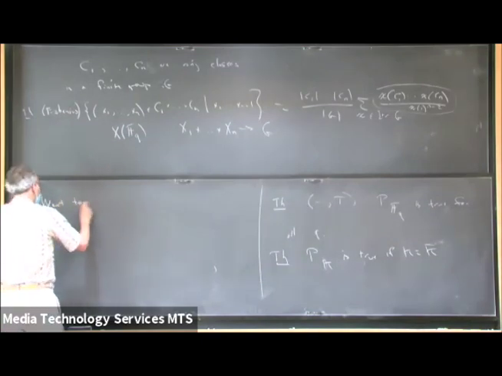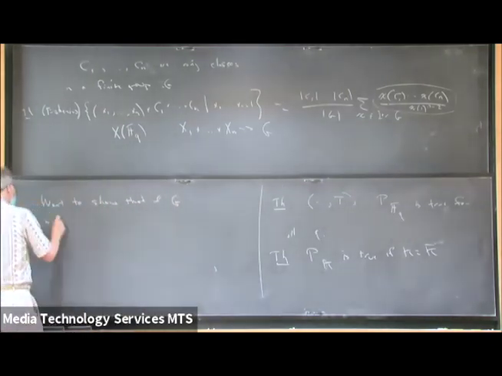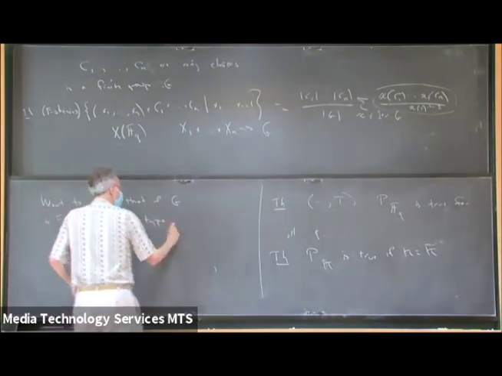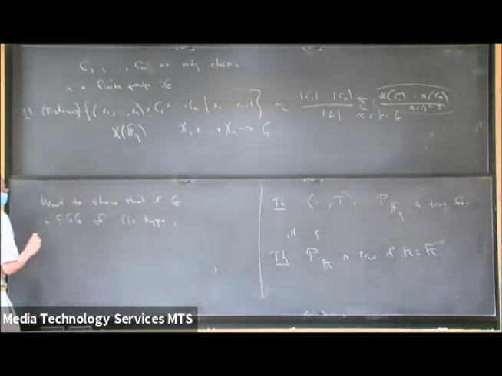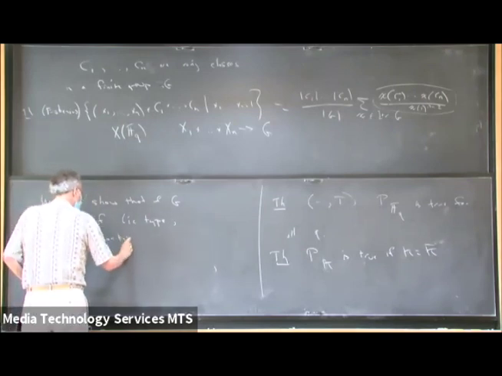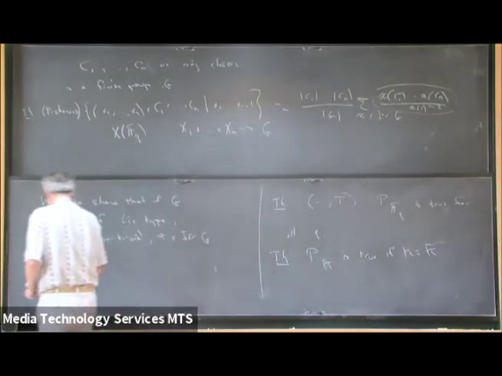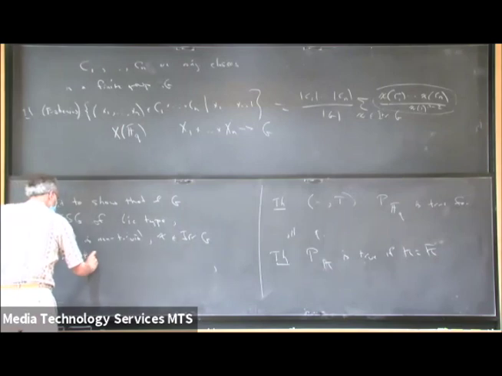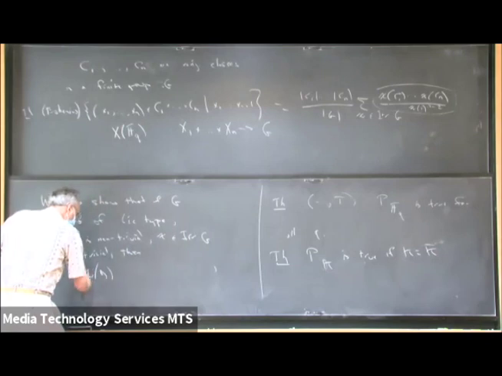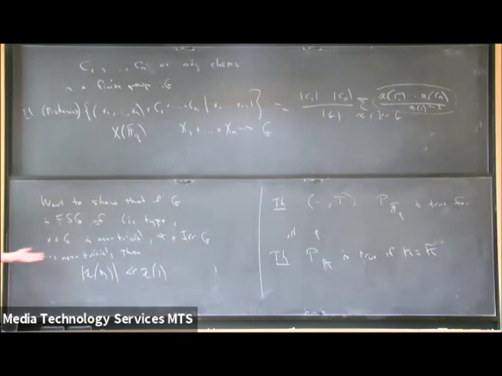We want to show that if G is a finite simple group of Lie type, and let's say x in G is non-trivial, and chi, an irreducible character of G, is non-trivial, then the absolute value of chi of x is really small compared to chi of 1. We would like a statement of this kind.